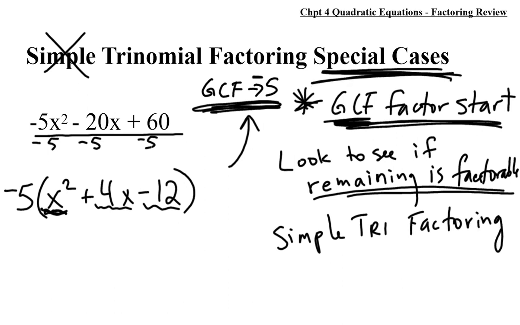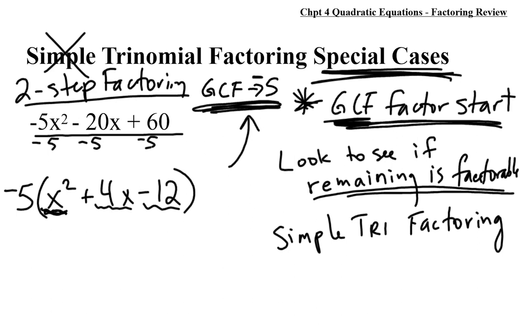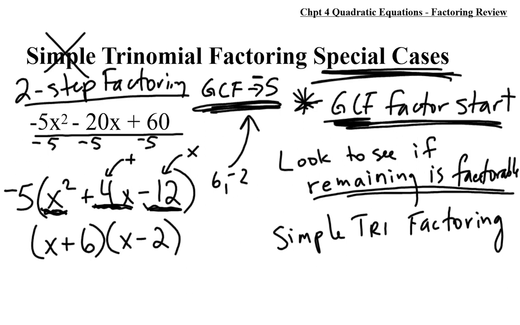So one special case is sometimes there's two-step factoring. So with that being said, what's going to multiply to give us negative 12, but add to give us 4? Well, the combination here, positive 6, negative 2, multiplies to negative 12, adds to 4. So we'll now have x plus 6 times x minus 2.